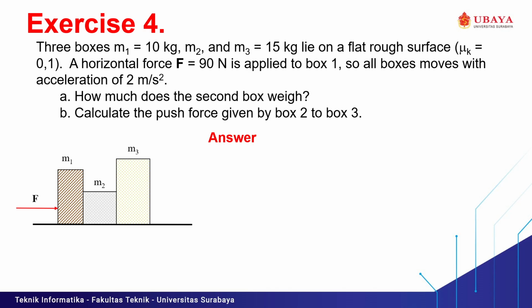Now we have 3 boxes: m1, which is 10 kilogram, m2, which is unknown, and m3, which is 15 kilogram. All of them lie on a flat rough surface with a coefficient of kinetic friction of 0.1. Then a horizontal force F equals 90 Newton is applied to box 1. All boxes move with an acceleration of 2 meter per second square.